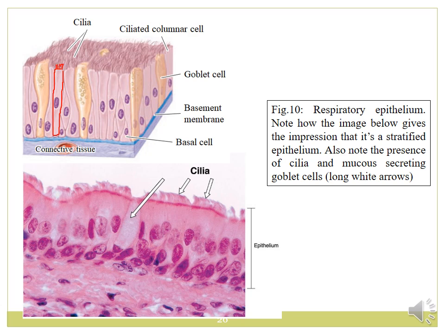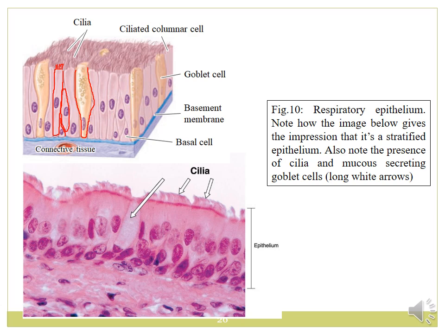Here is another type of cell, an intermediate cell, which does not reach the surface. And here we have a small cell, which does not reach the surface either. And here we have a glandular cell which secretes mucus. This is a goblet cell.